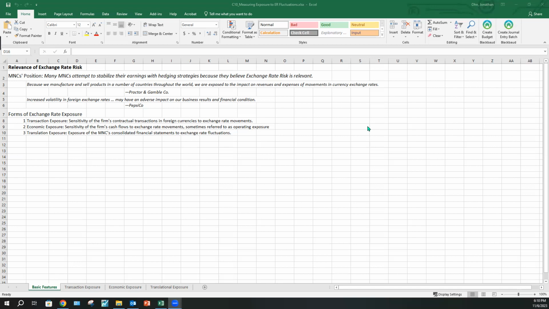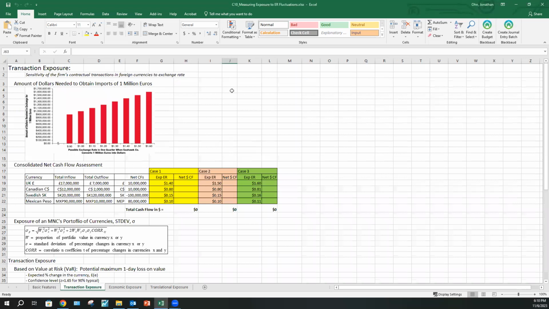You have to collect all the information from different international operations, so they have to convert foreign currency statements into statements in US dollars. In that process, there is exchange rate risk exposure. Let's talk about transaction exposure. All right.